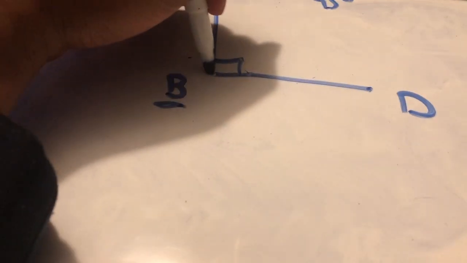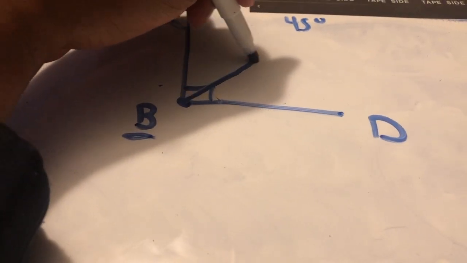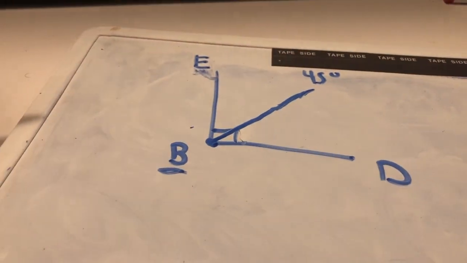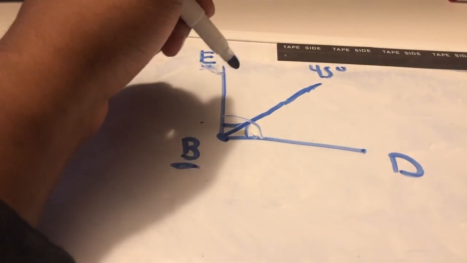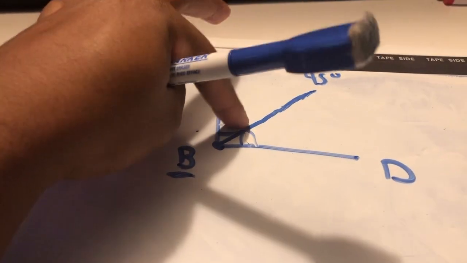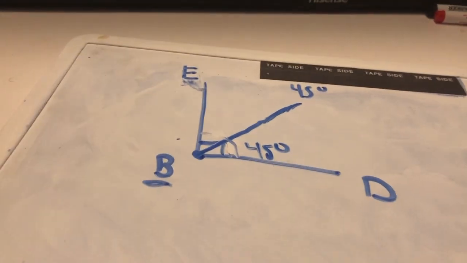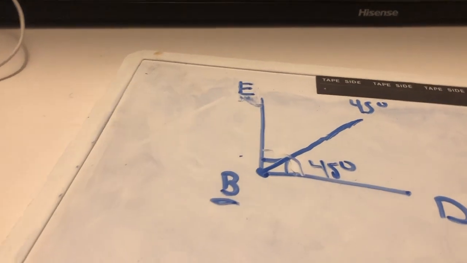So from my vertex, I'm going to make a line so that it's about halfway in, just like that. This whole thing, as we agreed, is 90 degrees, but this now becomes a 45-degree angle. All I simply wanted to do was bisect.